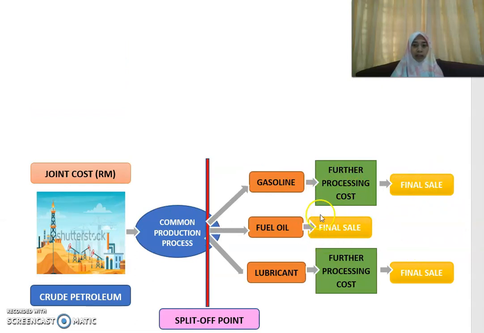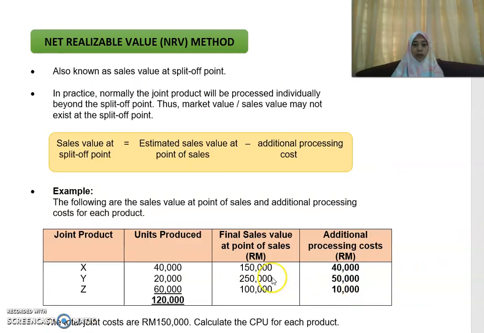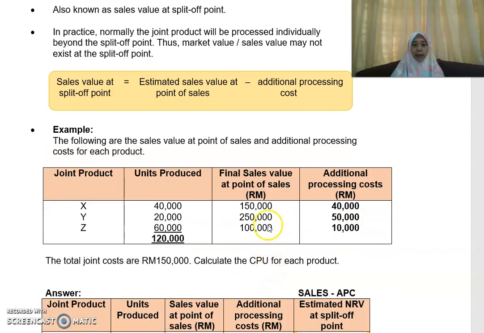The additional processing costs respectively for X, Y, and Z are 40,000, 50,000, and 10,000 ringgit.